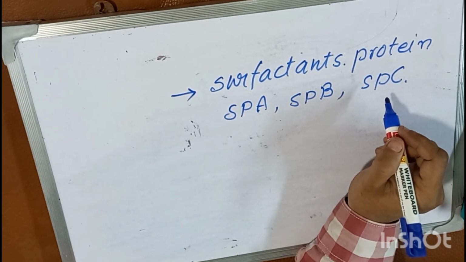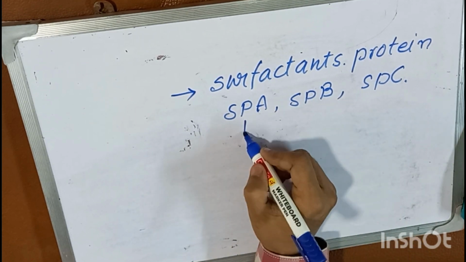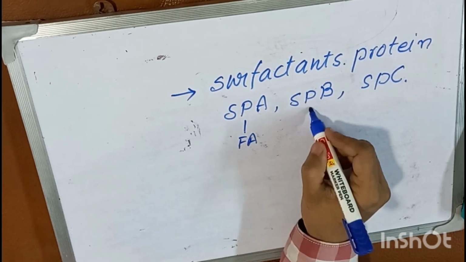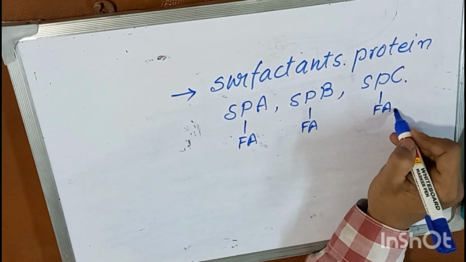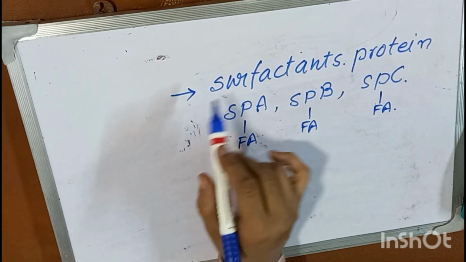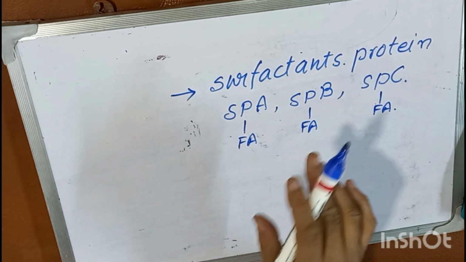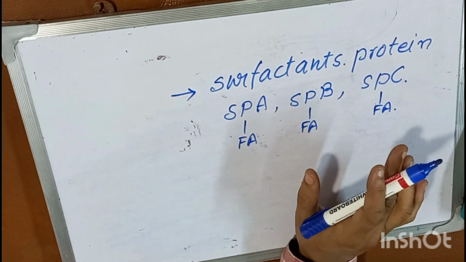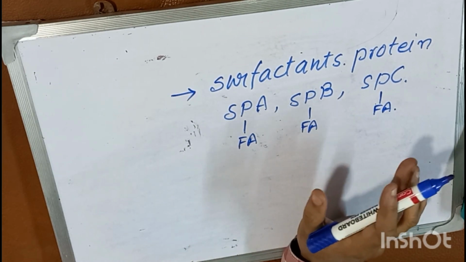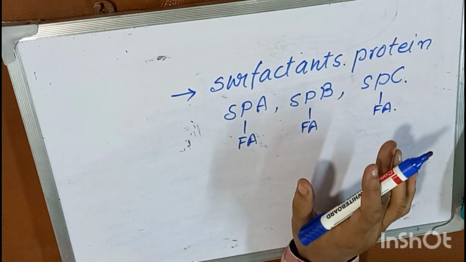These also are secreted by the type 2 cells, and these proteins have fatty acid molecules linked to them, and they also regulate the surface tension, lowering it and thereby reducing the work of breathing.